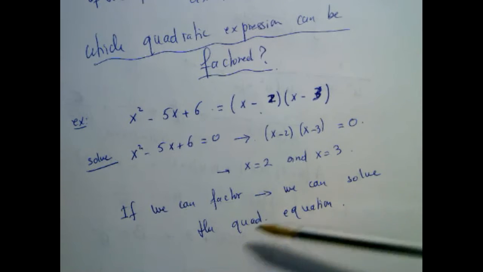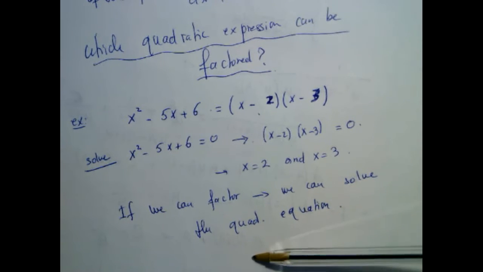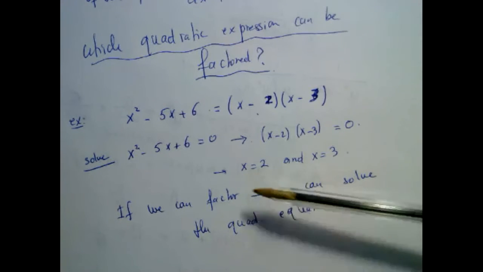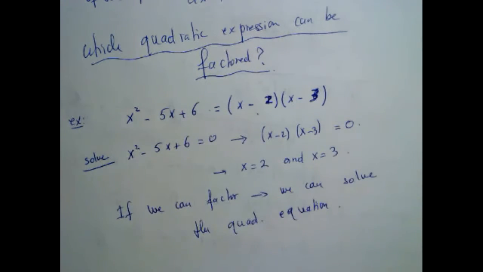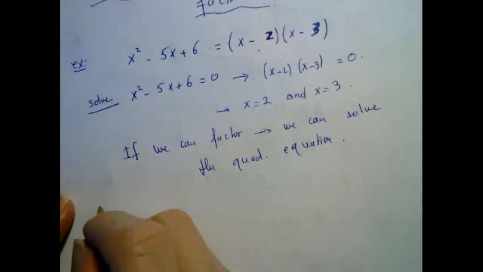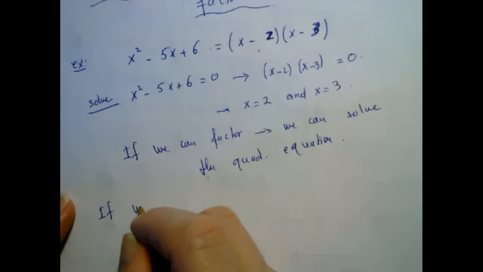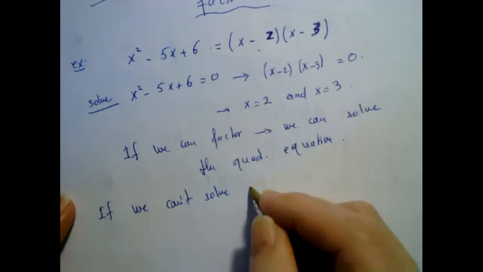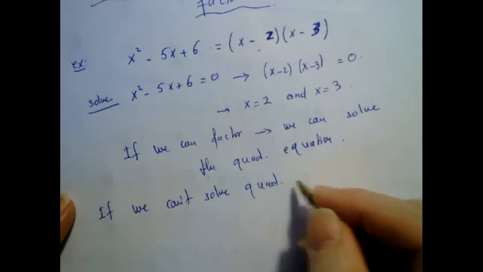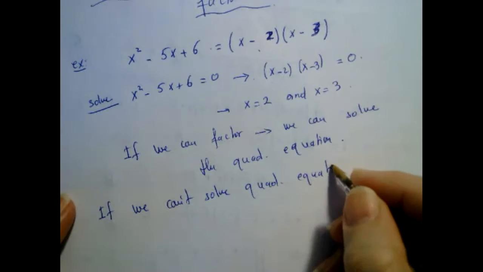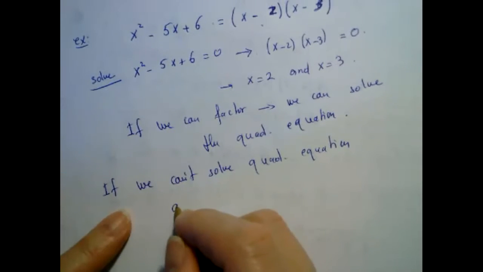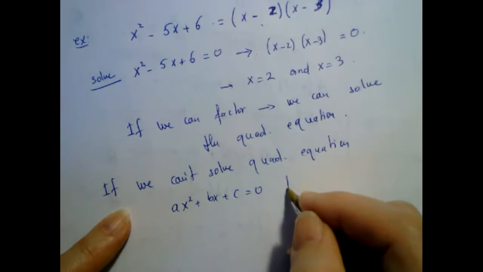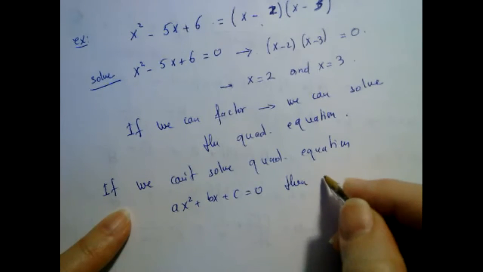So the idea now is that if we cannot solve the quadratic equation ax squared plus bx plus c equal to 0, then there is no way we can factor it.